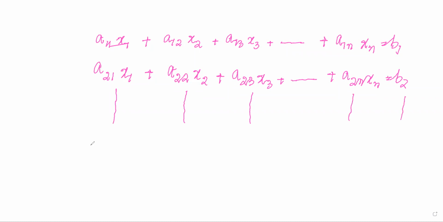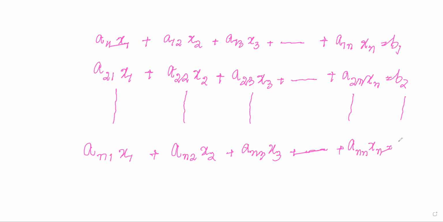The nth equation will be an1 x1 plus an2 x2 plus an3 x3 plus so on, plus ann xn is equal to bn.